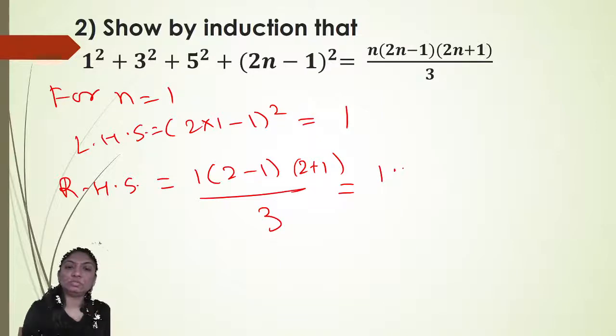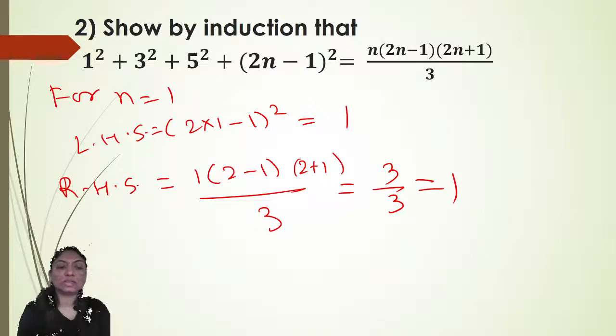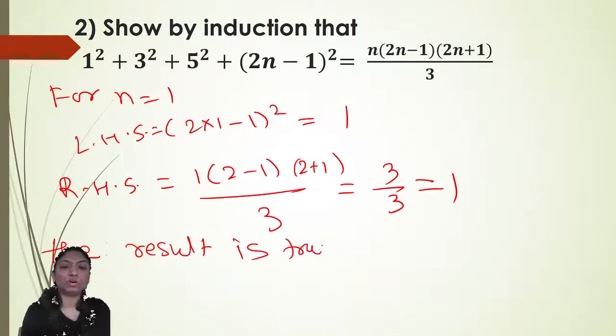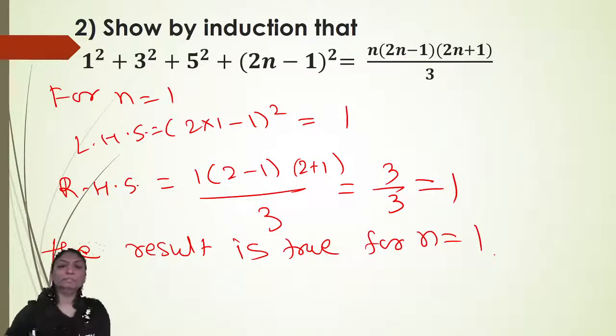So 1 into 1 into 3, so 3 by 3, 3 by 3 is equal to 1. So for n is equal to 1, LHS is equal to 1, RHS is equal to 1. So by induction hypothesis, the result is true for n is equal to 1.